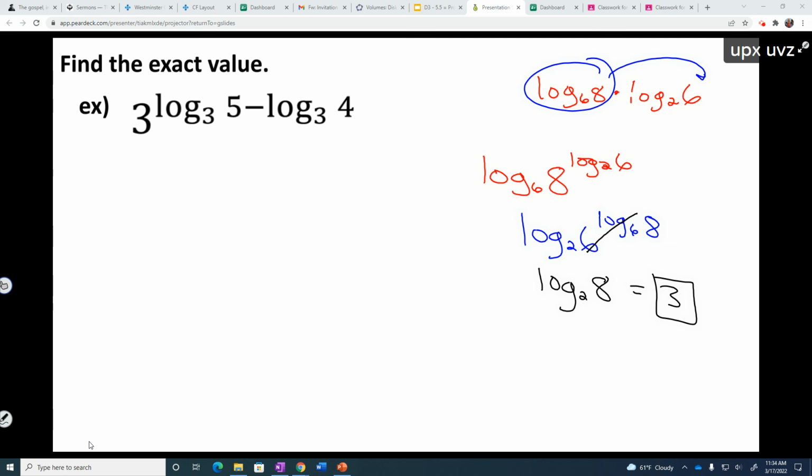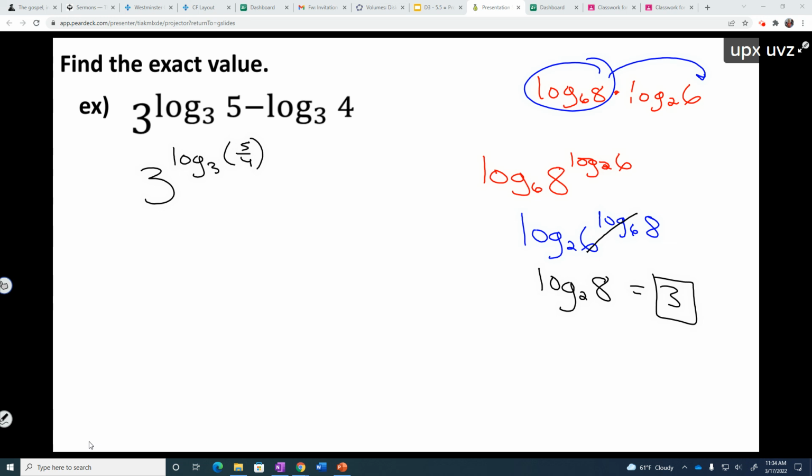Do something big. So divided. Yeah, so these are subtraction, so you can write this as division. So we'll keep the 3, log 3, and then subtraction means division, so 5 over 4. So the minus turns into division with the same log base.